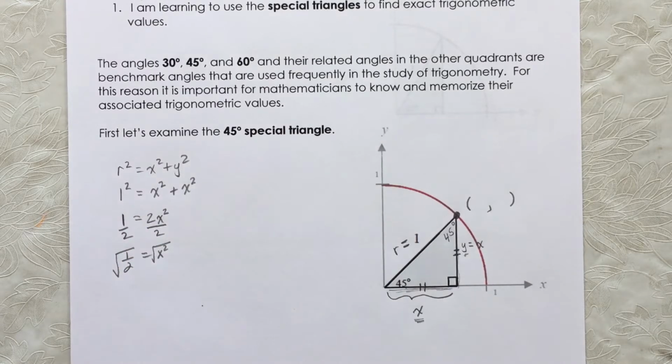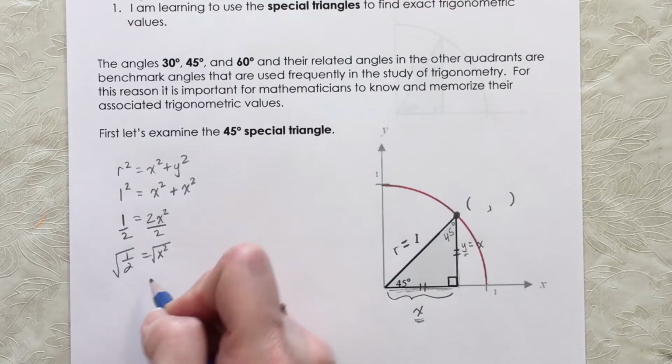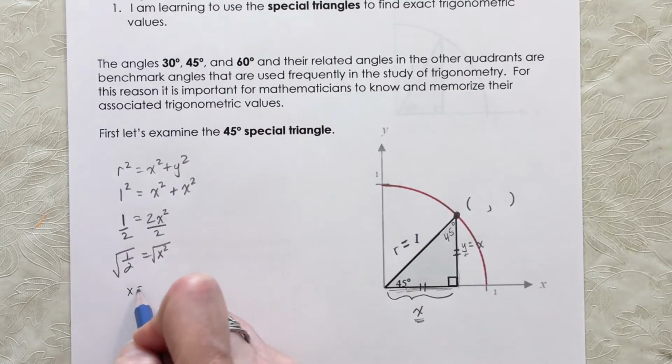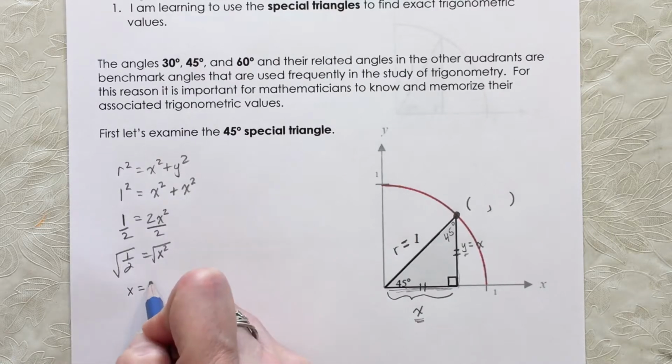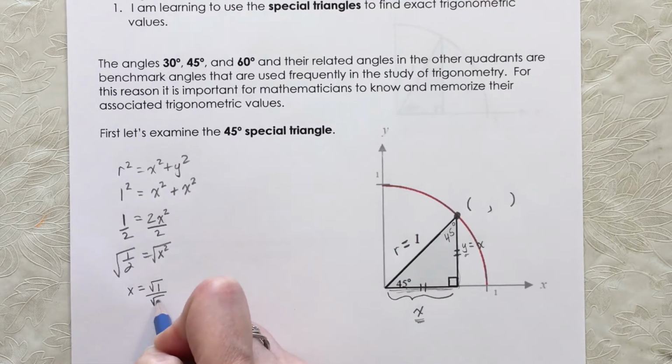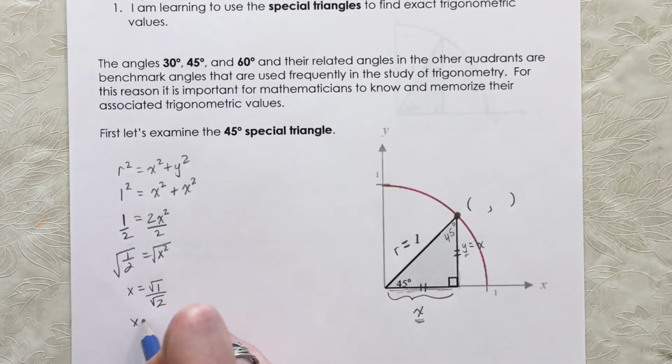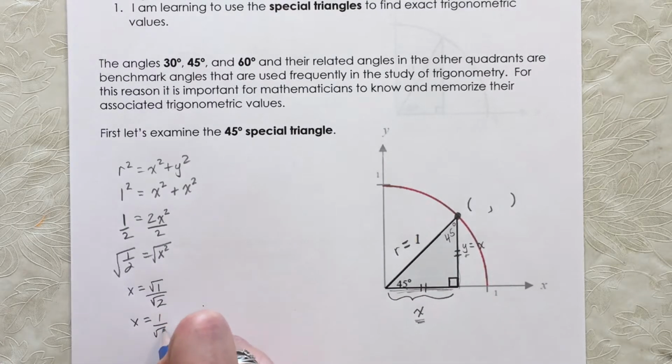We're in the first quadrant right now, so we won't worry about the plus or minus, and I'll show you later where that comes into play in this lesson. So we've got that x is going to be, and I can break this up into the square root of 1 over the square root of 2, because the square root of 1 is 1, and root 2 does not have a nice root, so we would leave it as root 2 because we're worried about exact values here.